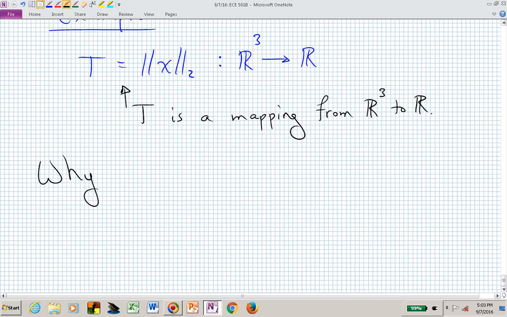That's really what the 2 norm does. Let's say we're starting with little n, which is 3. We now have 3 coordinates. We want to see, is this norm operation a linear map?